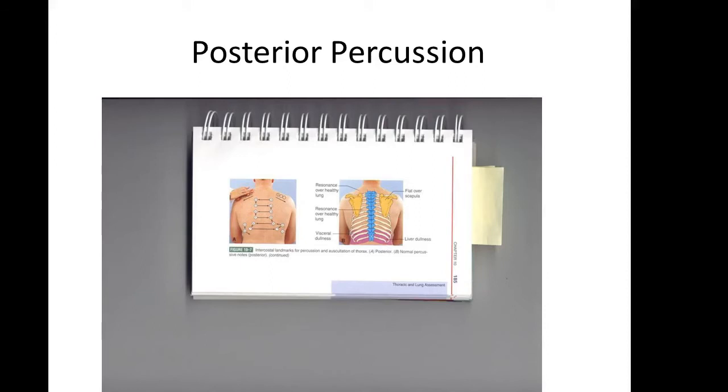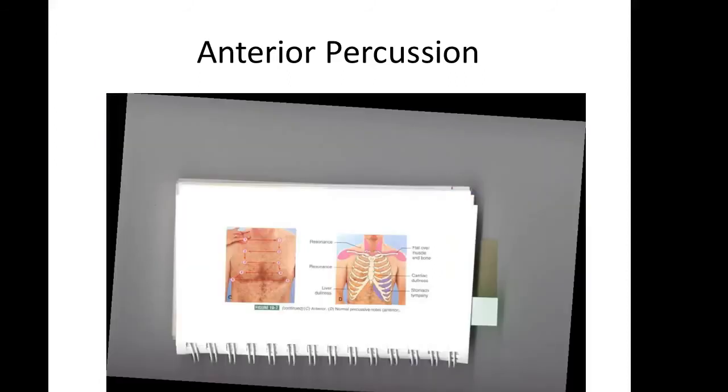You always want to go apex to base, and a normal percussion sound is resonance. If you heard hyperresonance, that may indicate emphysema. Here's anterior placement.